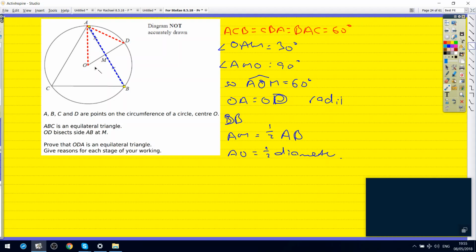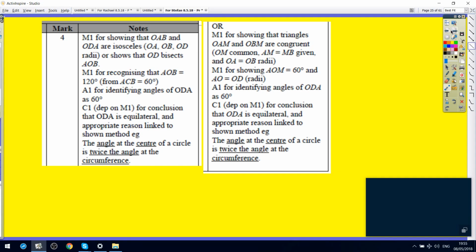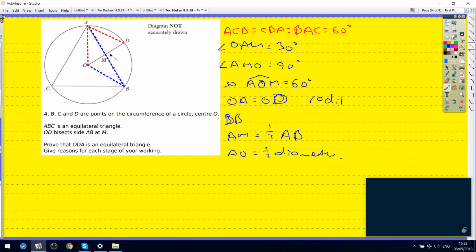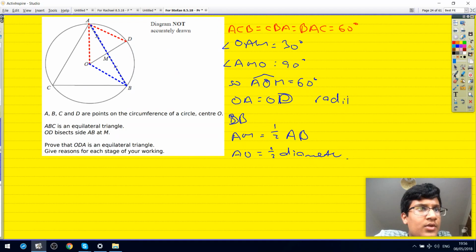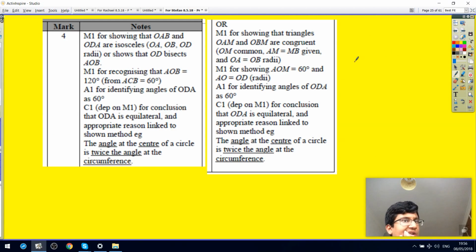So that makes an isosceles triangle. And ODA also does. ODA. Okay. Yeah, there are alternate angles there.